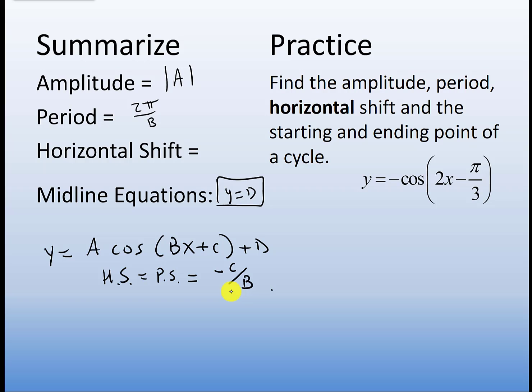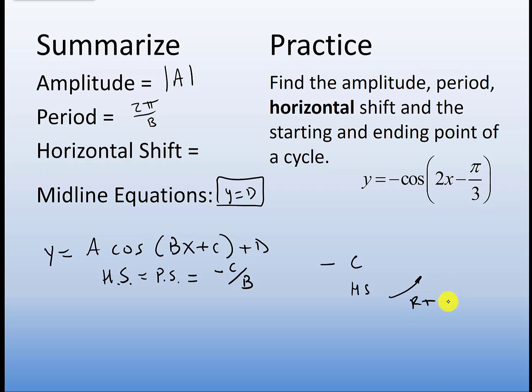When we factored, that's basically what we did. We factored the C by dividing by B, and it winds up on the other side. So if C is negative, the shift will go to the right side.